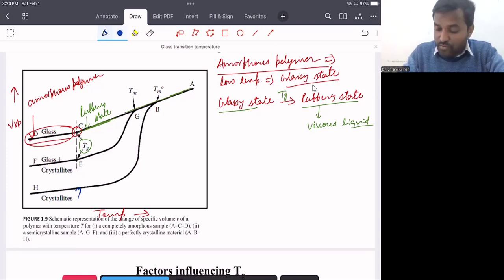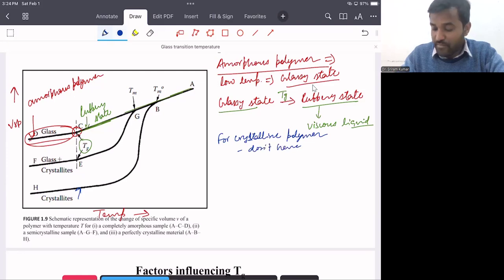So for crystalline polymers, we don't have Tg values. It only has the Tm, or the melting point.